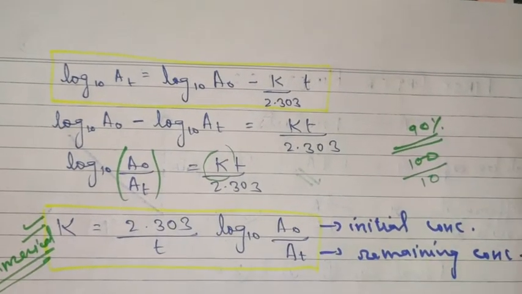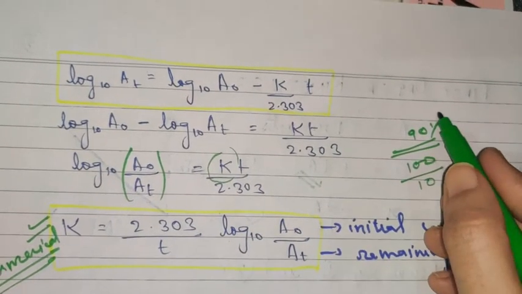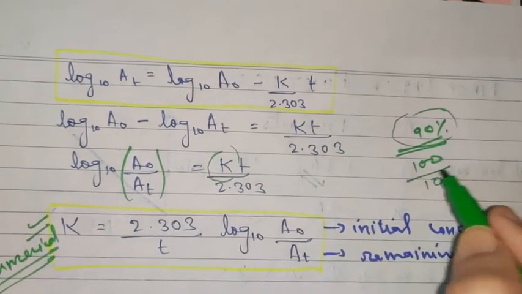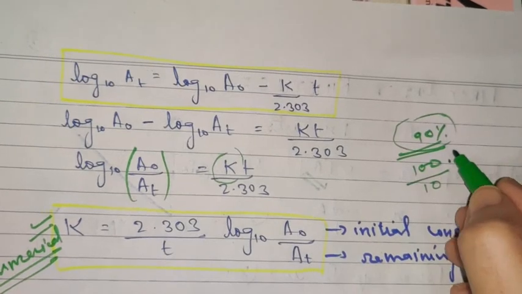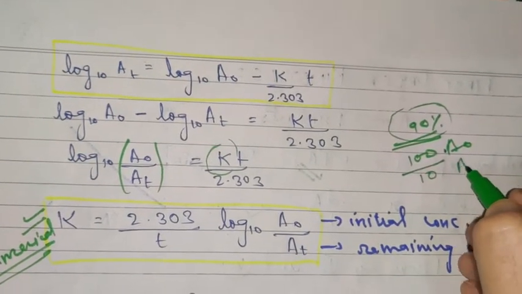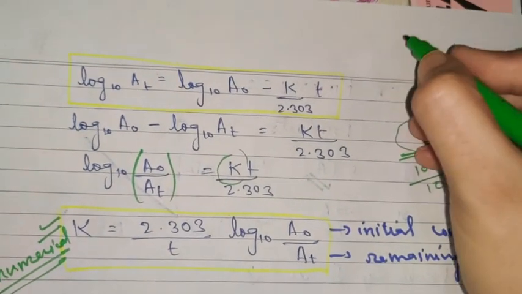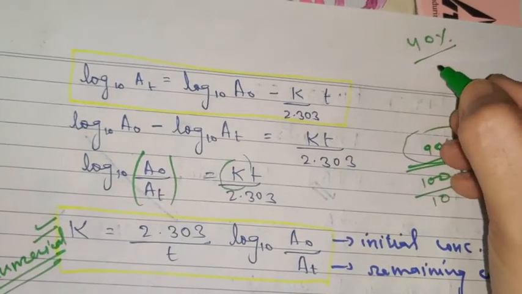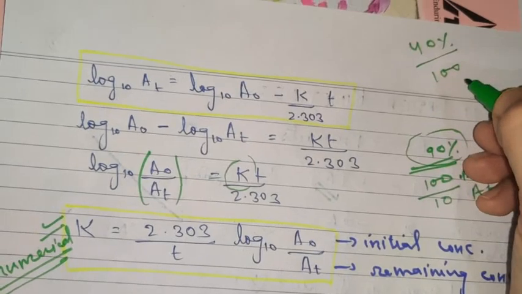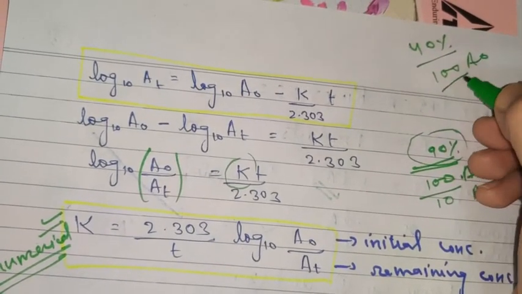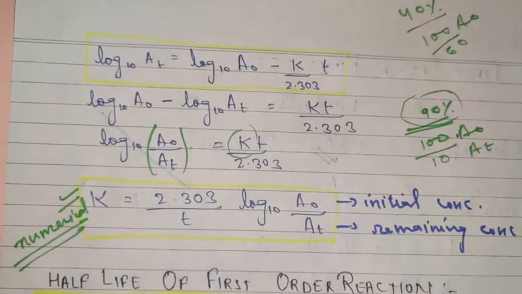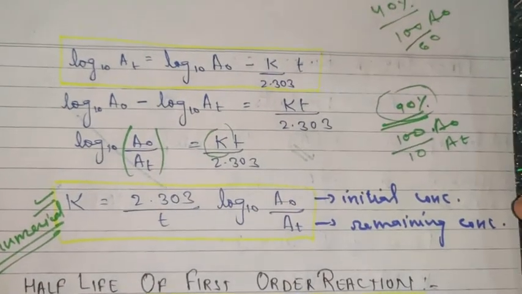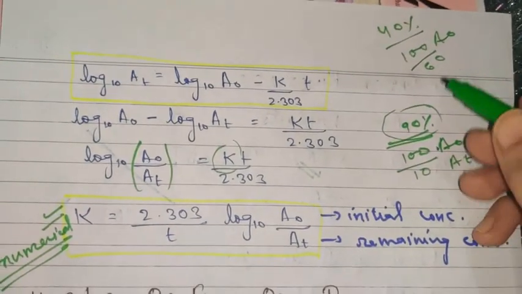Are you getting it? So if the reaction is 90% complete, that means initial is 100%, this corresponds to A naught and this corresponds to [A]t. Similarly, if it is said that a reaction is 40% complete, initial is 100, so A naught is 100 and [A]t is 60. This is a very common mistake committed by students, that is why I'm making it clear here.